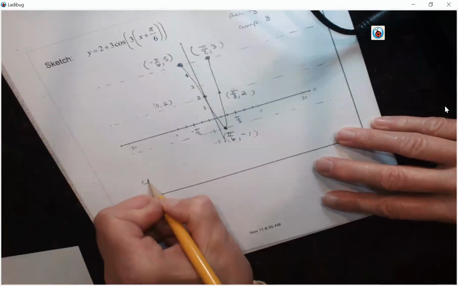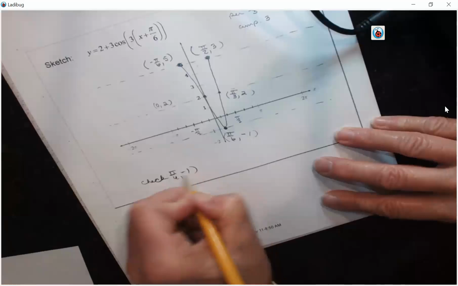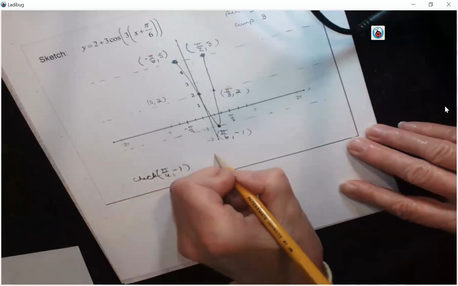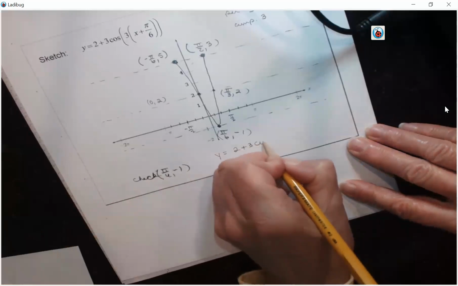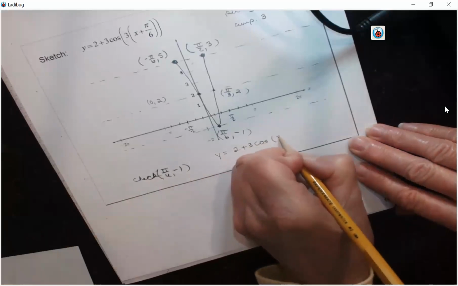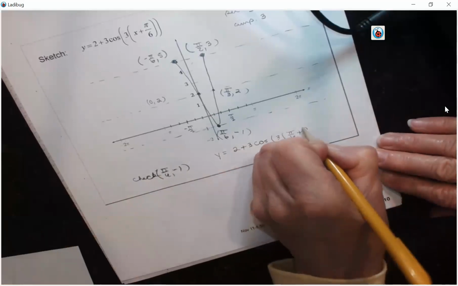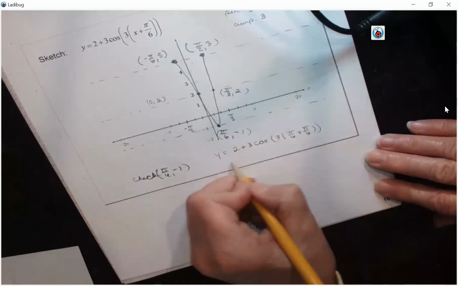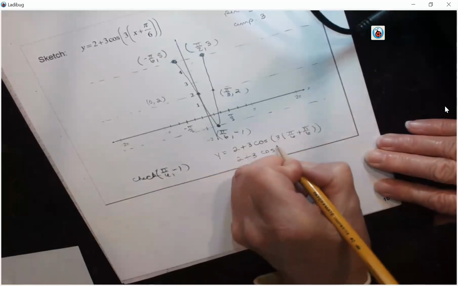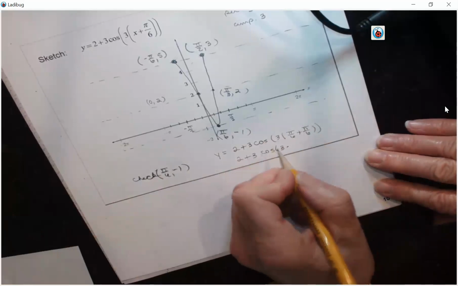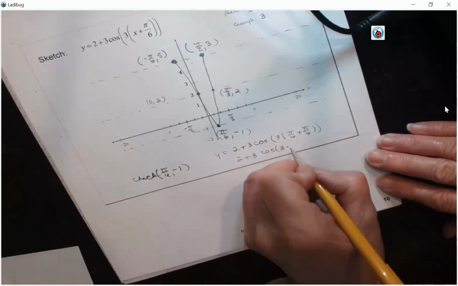For example, we could check the point pi over 6, negative 1, and plug it into the equation. Y is supposed to equal 2 plus 3 cosine 3 times pi over 6 plus pi over 6. Okay, that's 2 plus 3 cosine 3 times pi over 6 plus pi over 6 is pi over 3.